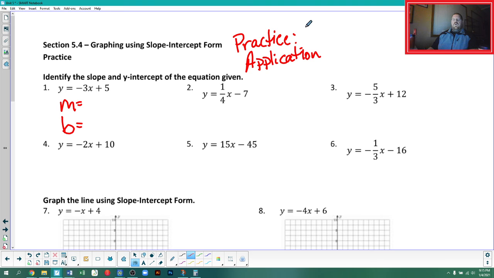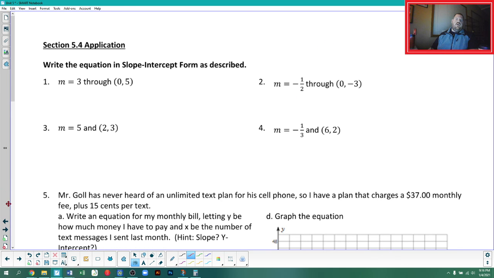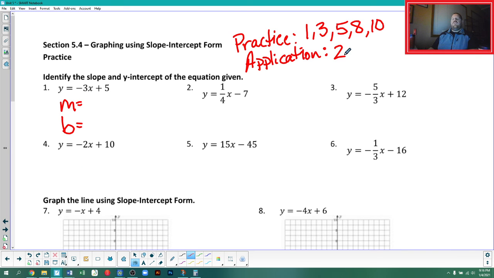We'll go 1, 3, 5, and then we'll go 8 and 10. And that's the rest of this page. For application problems, let me just double check what they look like. Yeah, so we're going to go 2, 4, and 5. Okay? So get those problems done, get that mastery challenge passed, and we will see you in class. Have a good day.